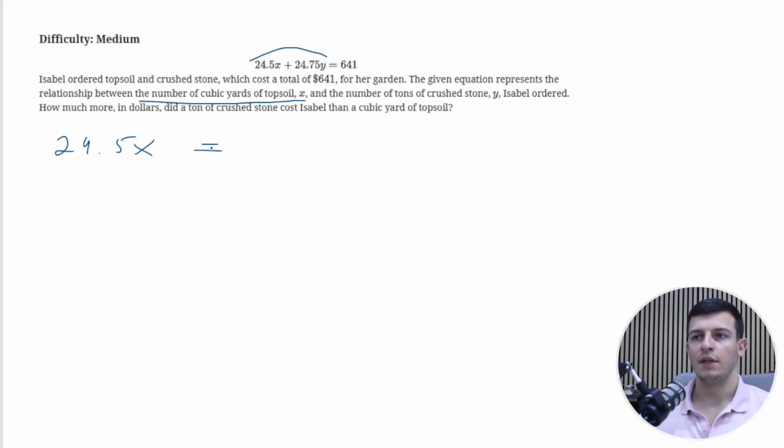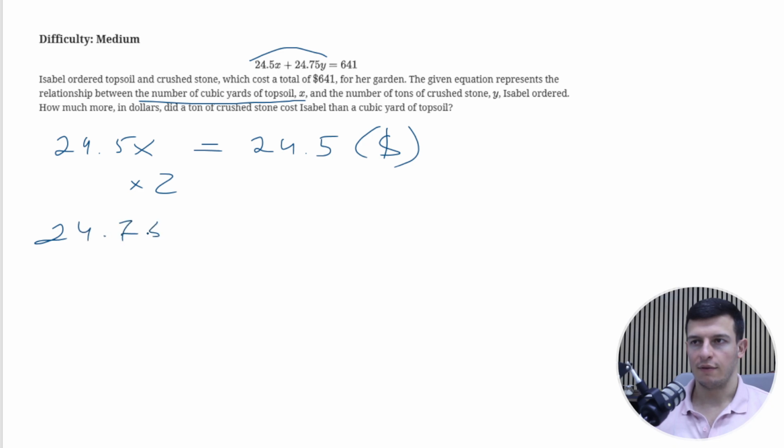So if you get, for example, 1 cubic yard of topsoil, it will be just 24.5 in dollar amount. Yes, if you get 2, it'll be times 2, etc. Same goes for 24.75y.